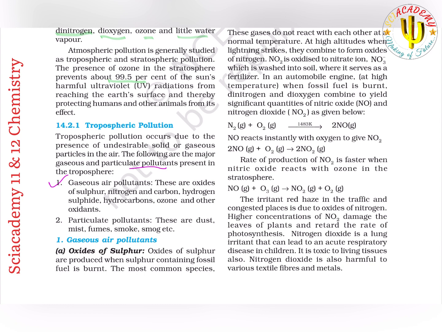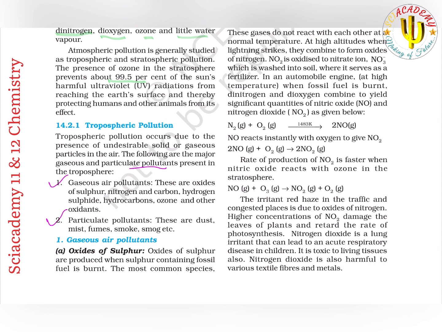Number one, gaseous air pollutants. These are oxides of sulfur, nitrogen, and carbon, hydrogen sulfide, hydrocarbons, ozone, and other oxidants. Number two, particulate pollutants. These are dust, mist, fumes, smoke, etc.